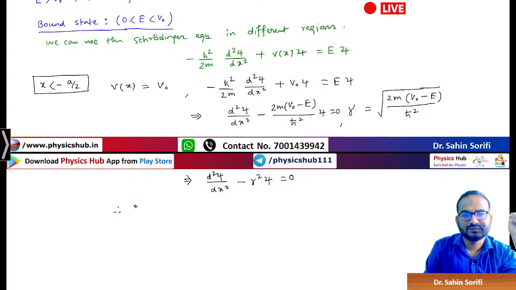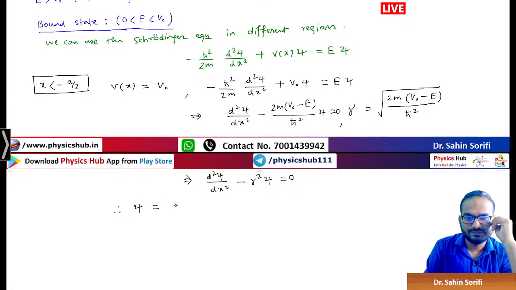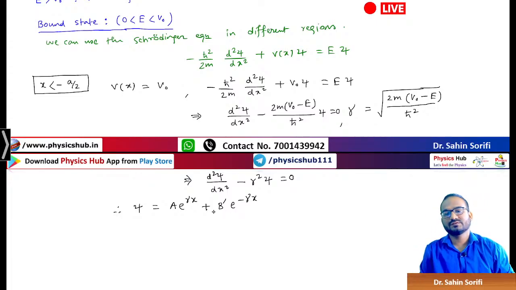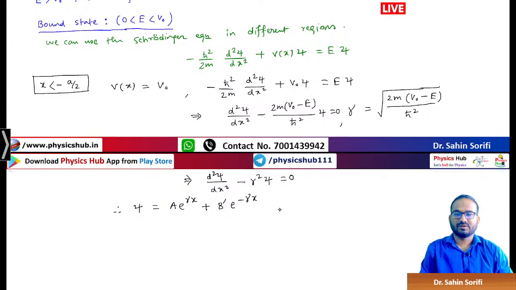So psi is equal to, let us say, a e to the power gamma x plus, let us say, b prime e to the power minus gamma x. Why are we not taking b? Because this is going to vanish somehow. Look, psi, this is a solution.